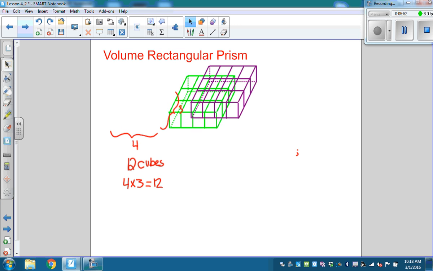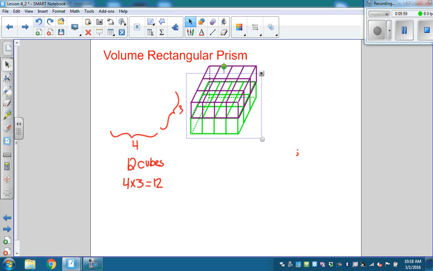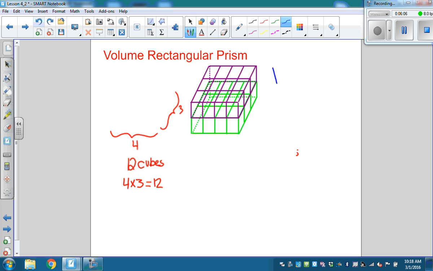If I created a prism out of this that's 2 levels high, then the volume of this rectangular prism would be the 12 cubes on the base times the height.